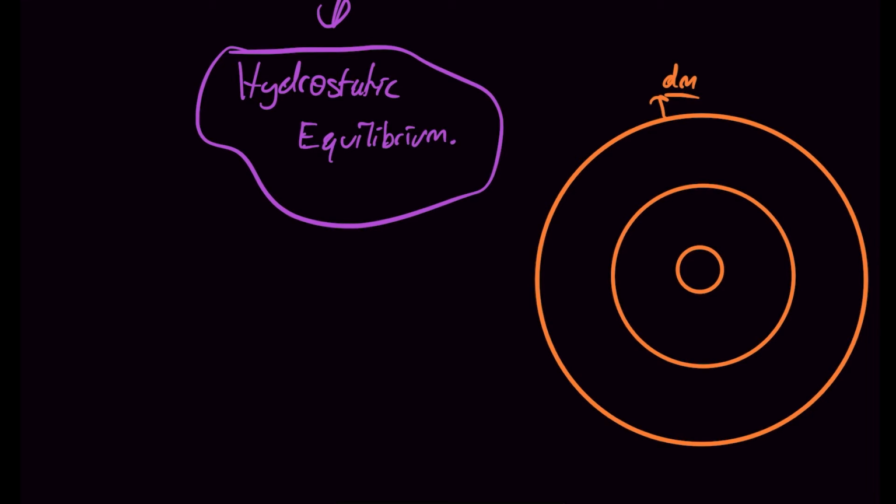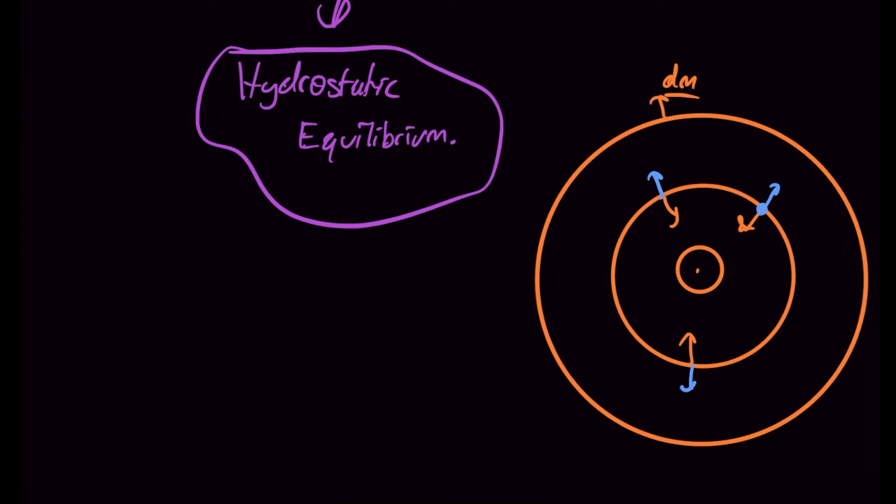Well, for the gravitational collapse, which just pulls all of these shells uniformly towards the center of mass, for it to stop, we need the net force on each of these shells to become 0. That means we need to first calculate the gravitational force that is affecting each of these shells.